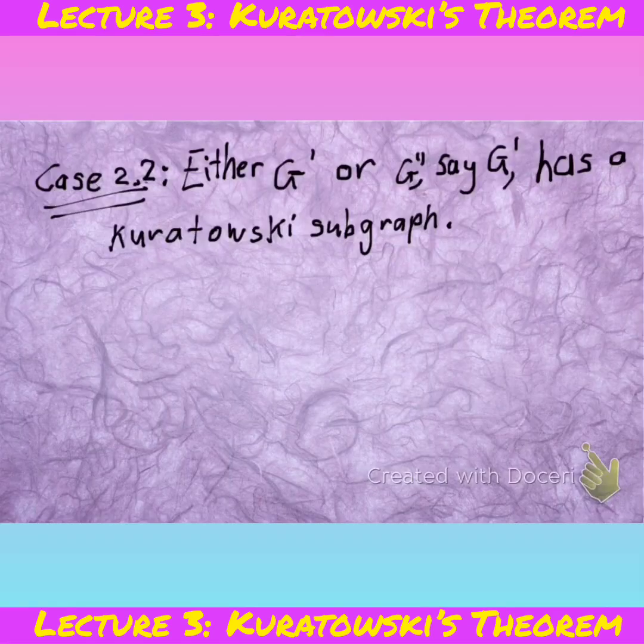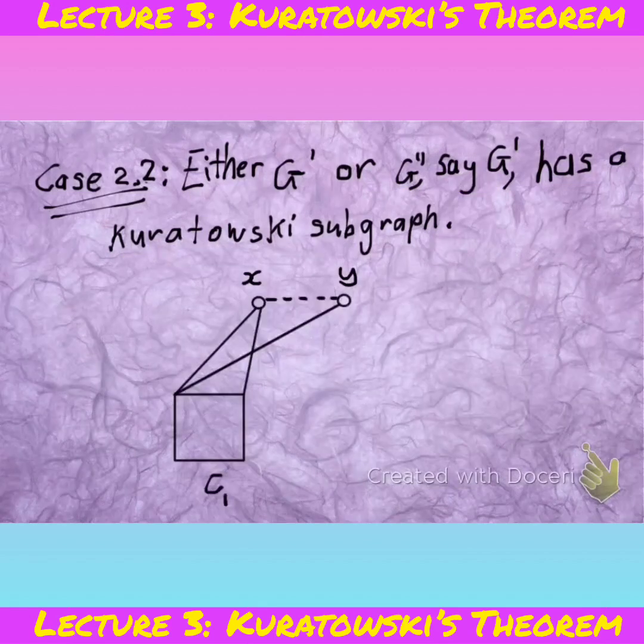Alright, so next is case 2.2, where either G prime or G double prime, let's say for argument's sake G prime, has a Kuratowski subgraph. Let's just quickly look at the graph G prime again.